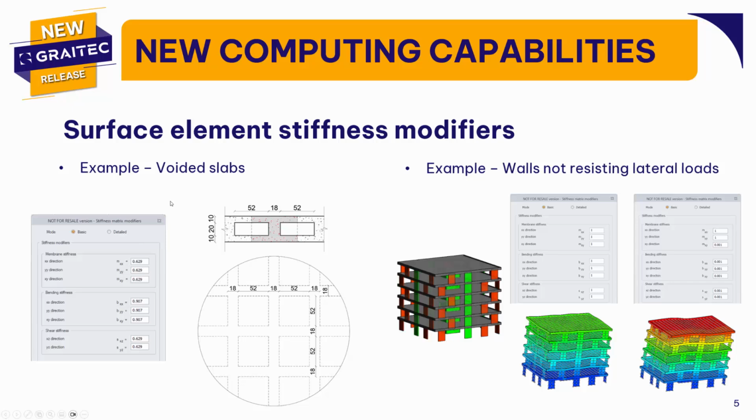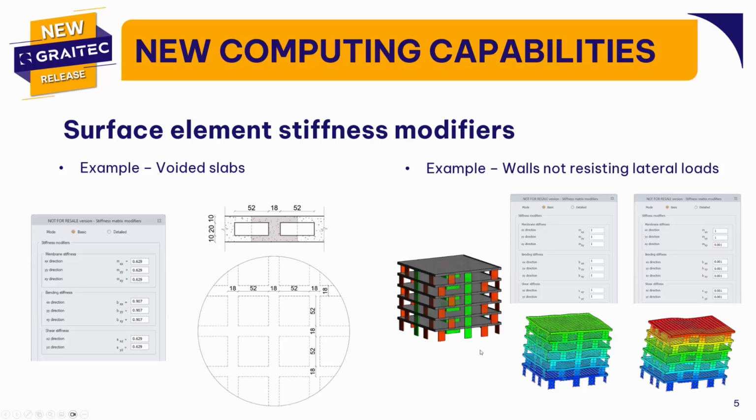For example, if you're modeling voided slabs, as you see here, and you want to have the effect of the openings inside your planar elements of concrete, let's say you want to have correct stiffness, either in bending, axial, or shear, etc. This is one example of using this tool, and the other one is even much simpler.